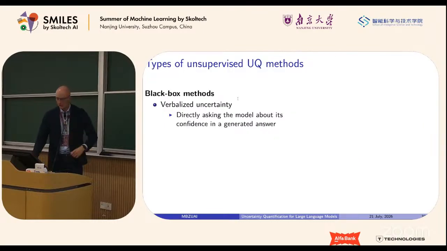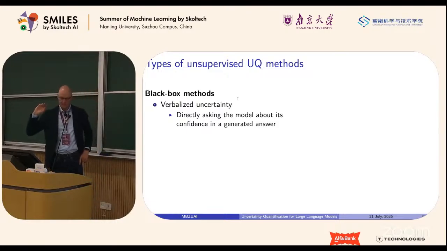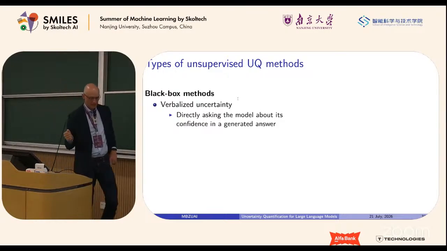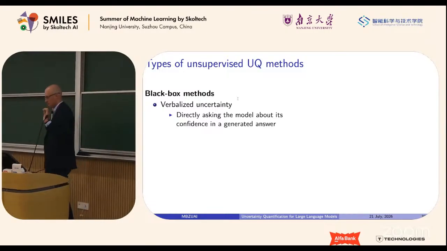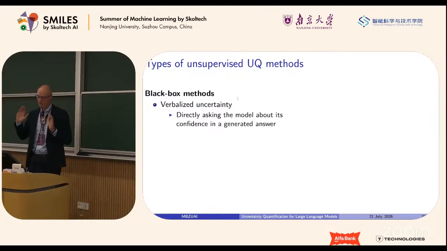Right. So we are slowly moving to the real methods part. Just a few words on what we want to discuss today. There are a few techniques for quantifying uncertainty. We can split them in two parts. First of all, we can think about one category of black box methods.